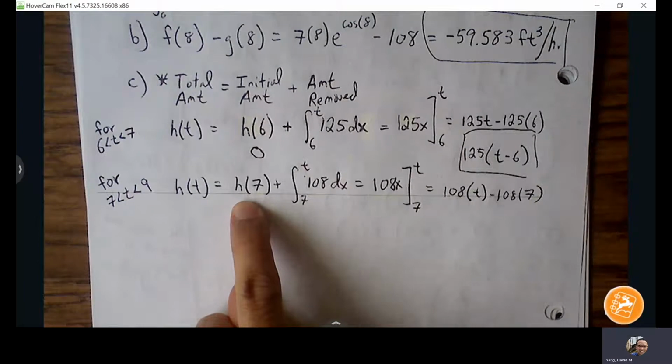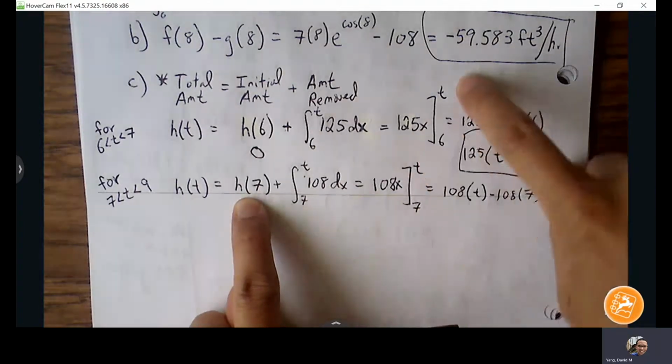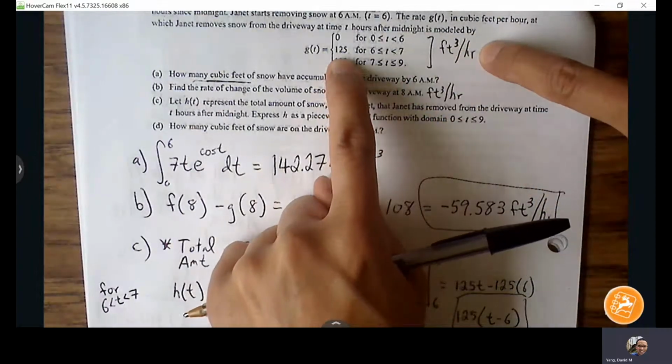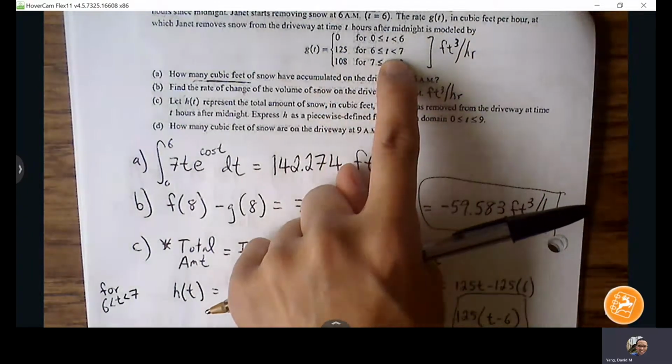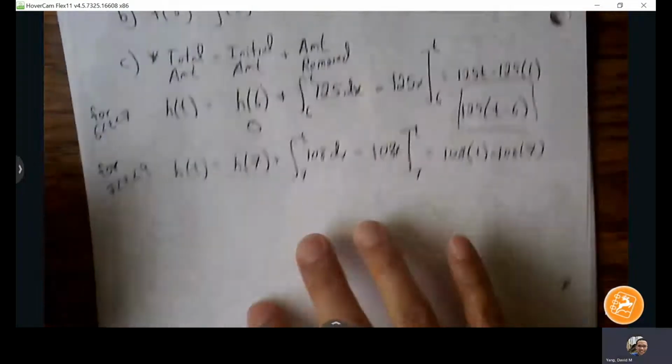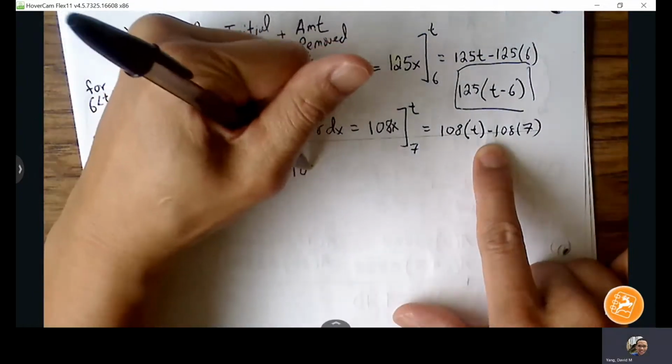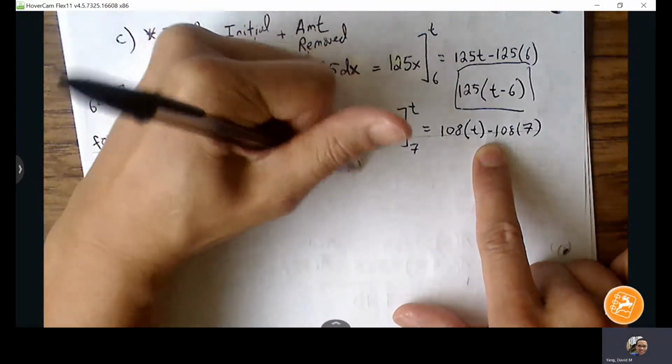But what's h of 7? How much has she removed by the time we check in on her at 7 a.m.? Exactly 125, right? She's doing 125 cubic feet per hour. So by 7 a.m. she would have accomplished 125 cubic feet of snow. So it'll be 125 plus 108 times t minus 7.